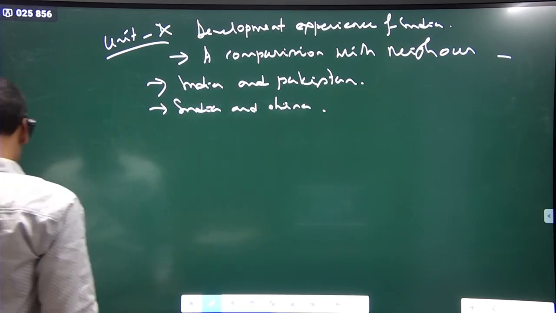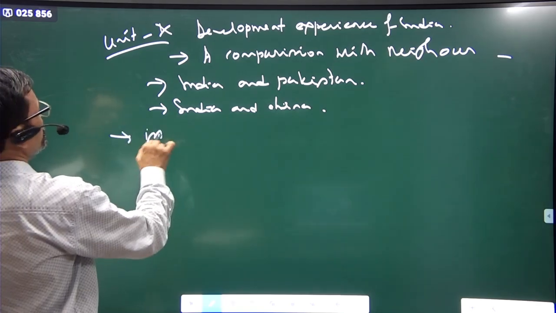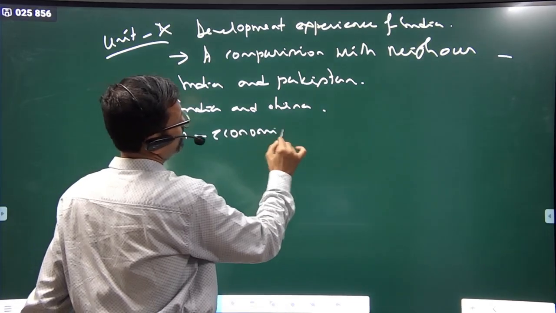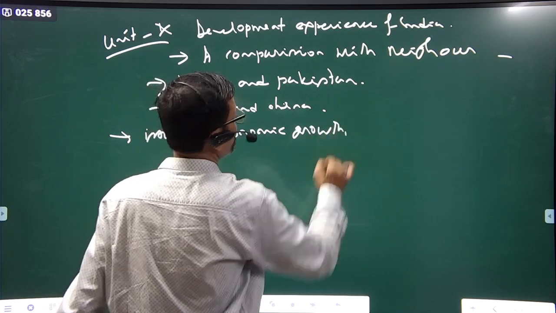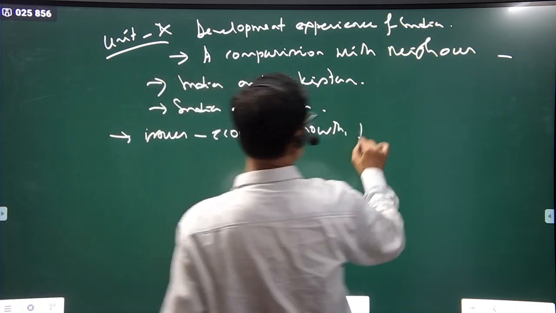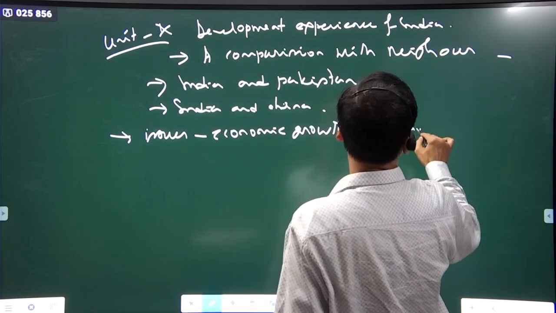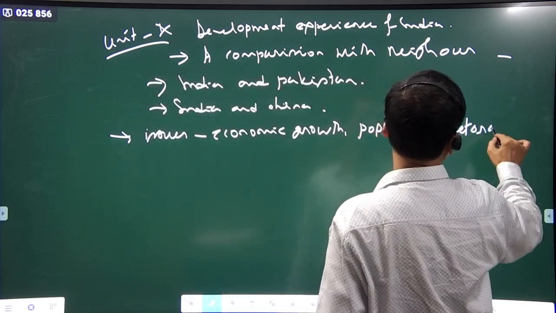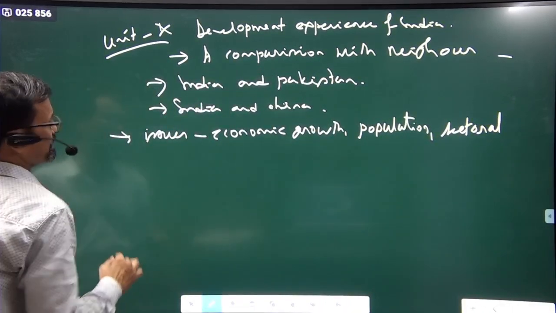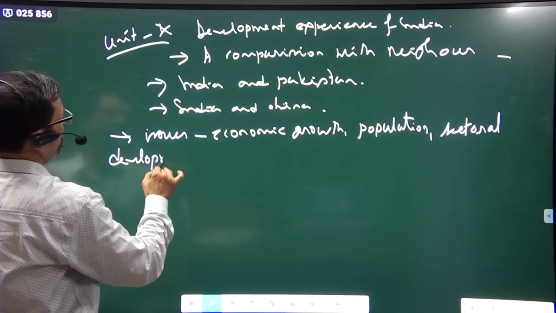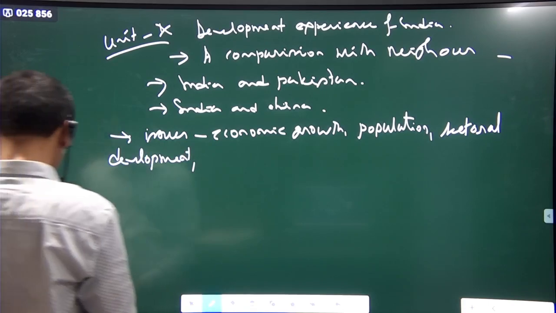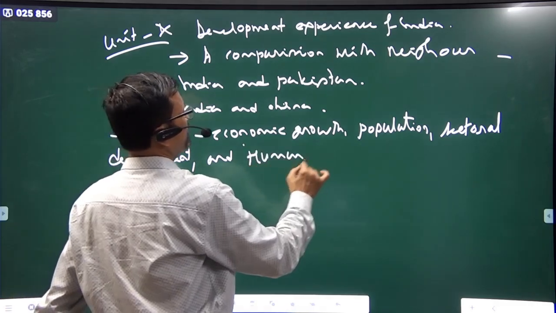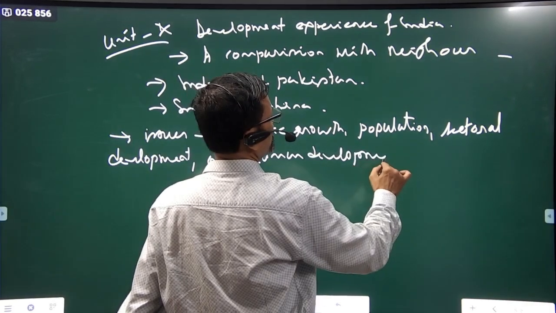Next, there are some issues such as economic growth, population, sectoral development, that is development of all sectors, and human development indicators.